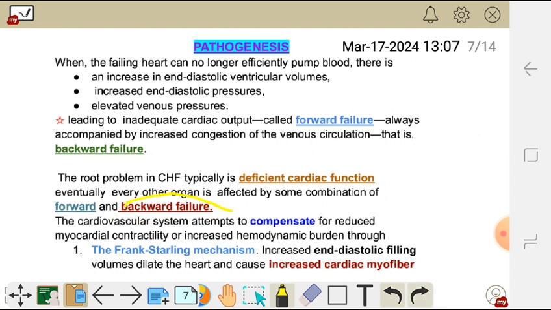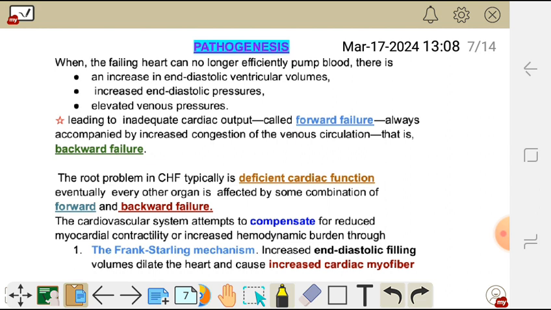In backward failure, where we have increased congestion in the venous circulation, we are going to observe the lungs being congested. We are going to observe edema, and also in the liver, due to compromised venous circulation, we are going to have accumulation of blood, which will also lead to accumulation of water in the interstitium.